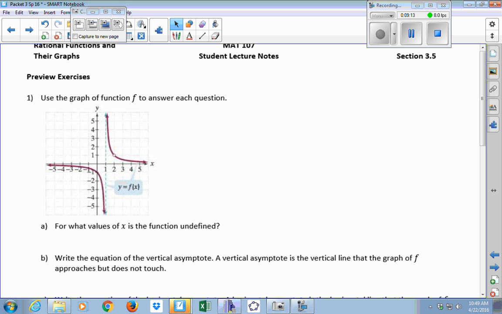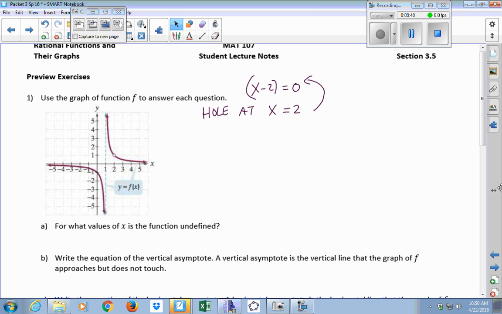So if it has a hole at x equals 2, then we work backwards to the factor. Working backwards to the factor is setting it equal to 0, because a factor is where an x value makes it 0. So what factor would make that 0? Well, you subtract 2 from both sides, x minus 2.